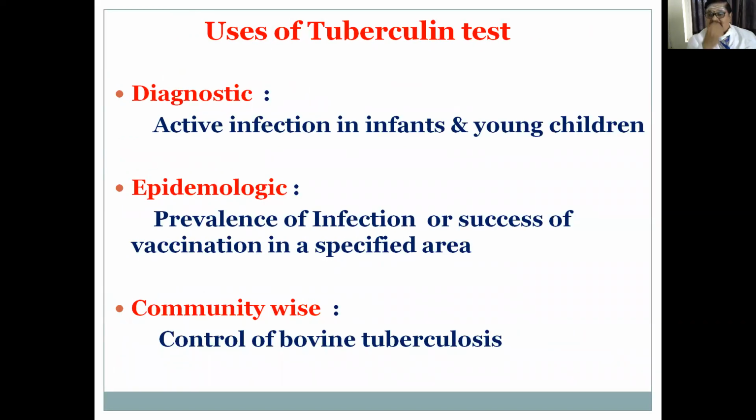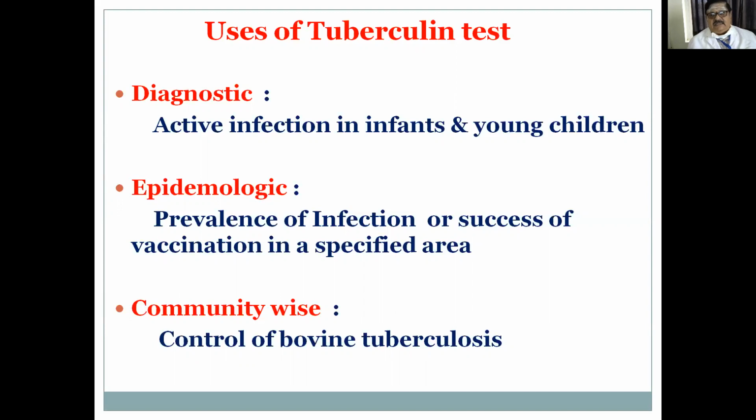So what are the uses of the tuberculin test? Diagnostic is okay. You can diagnose active infection in infants and children. Epidemiologically, you can say about the prevalence of infection or successful vaccination in a specified area. Because post-vaccination also the Mantoux can become positive.